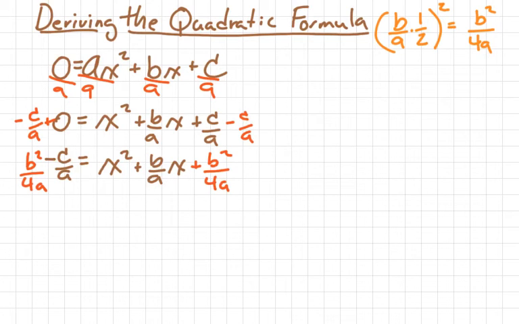Okay. The right side factors into x plus b over 2a squared. And the left, I can add these two terms together using a common denominator, the common denominator being 4a squared.